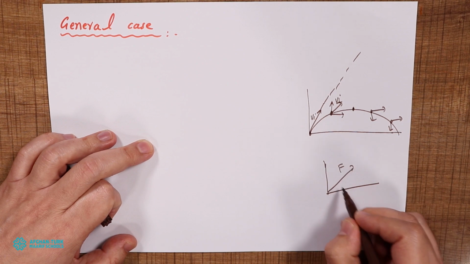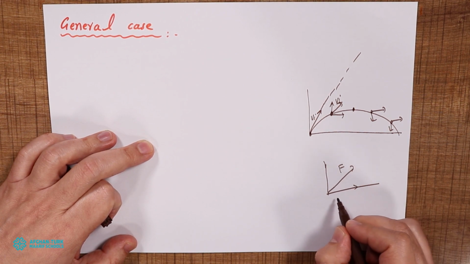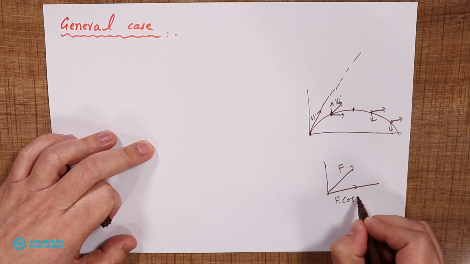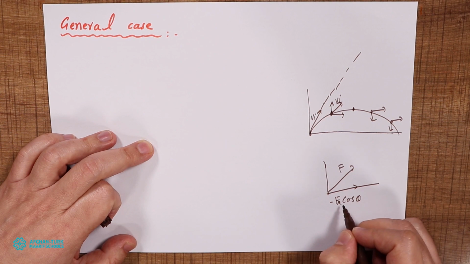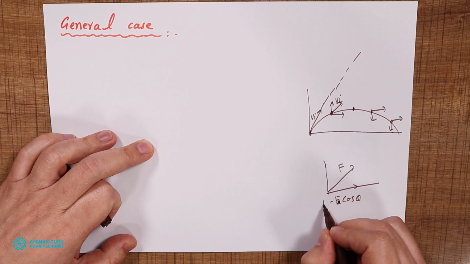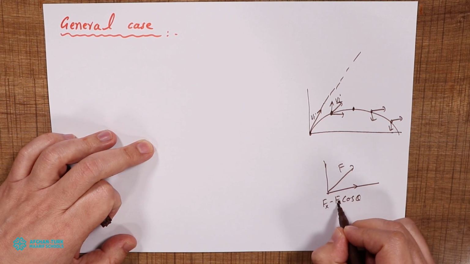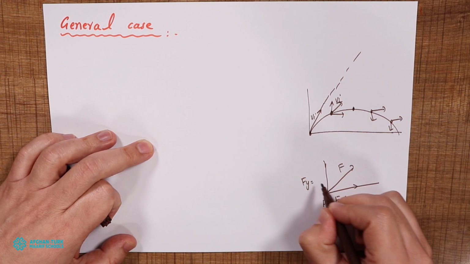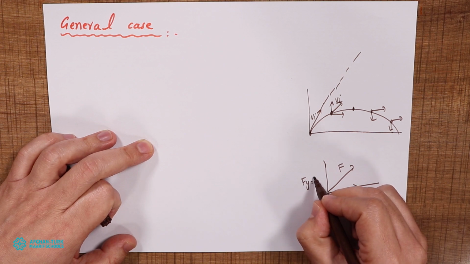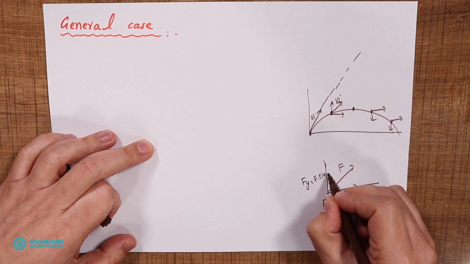Like this is the force, this part is the base which is equal to f cosine theta, f of x equals f cosine theta, and this side is equal to f of y equals f sine theta.